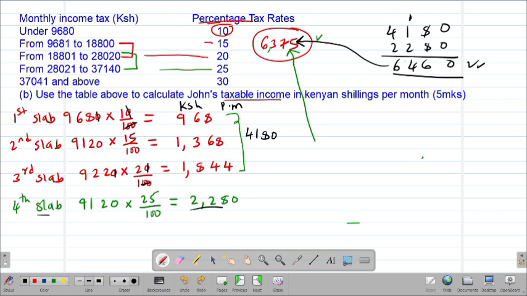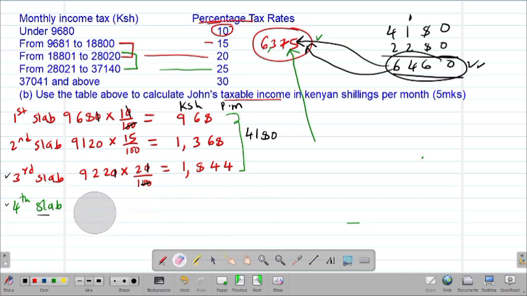Because 6,460 is greater than the gross tax, which was 6,375, it means we stop our taxation at the third slab, and we treat the fourth slab as our last slab. Therefore, we don't need this one here.